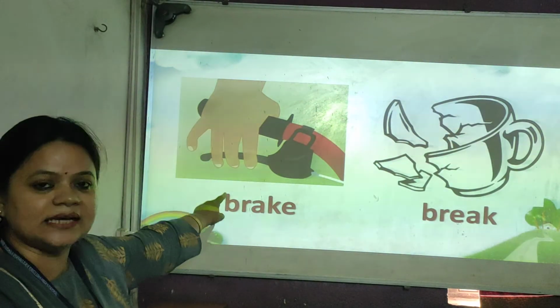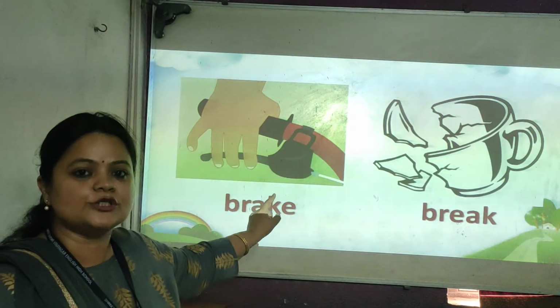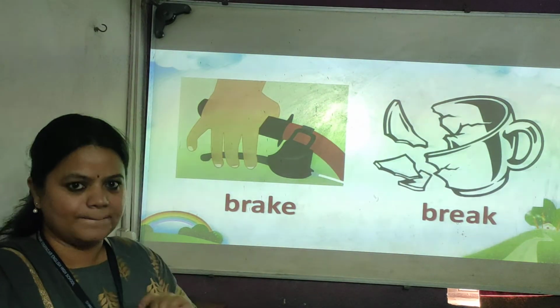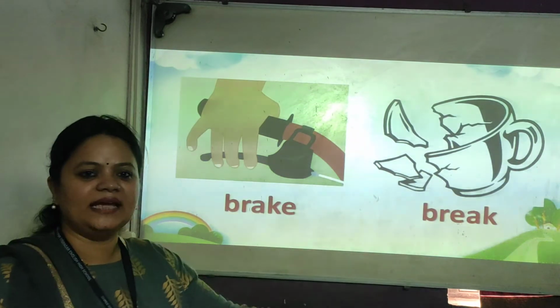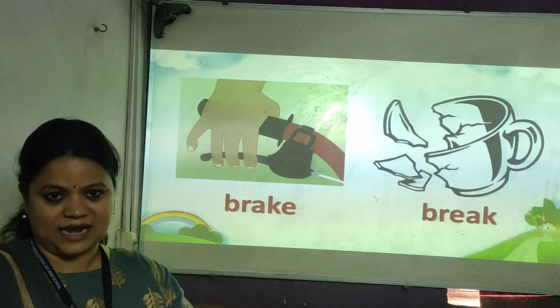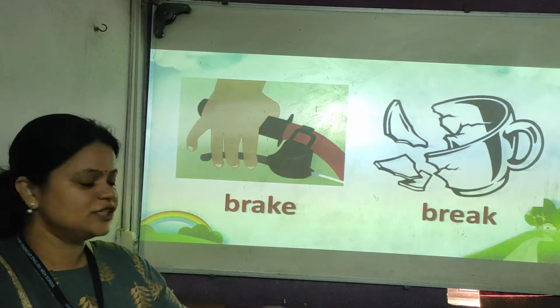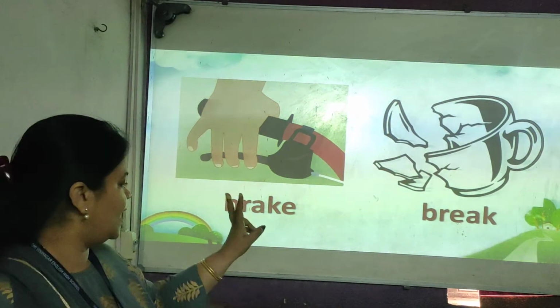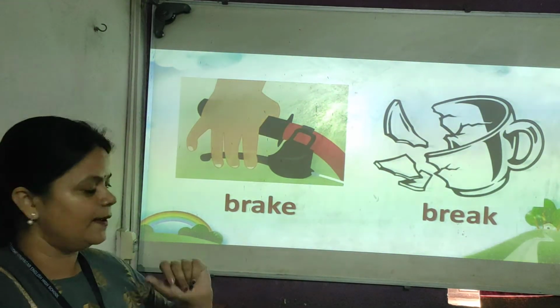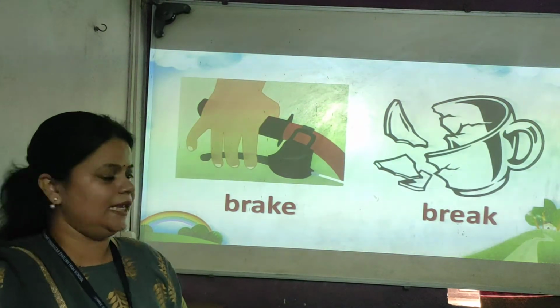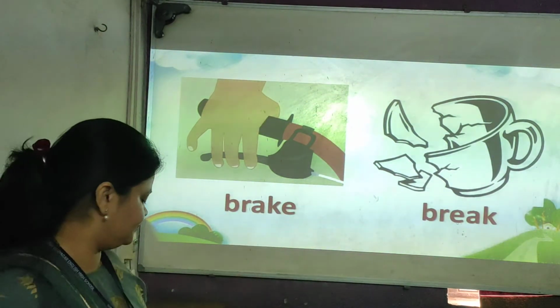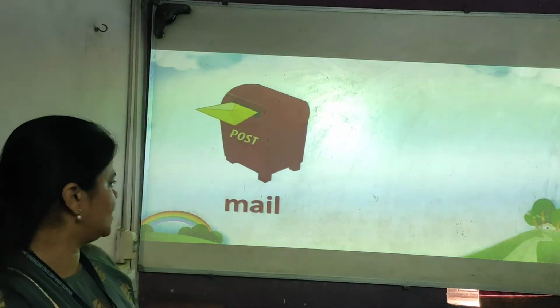This brake is a device. It is used to stop a car or a bike. And that break is to break something, to break a glass or cup. So the meanings are different and the spellings are also different. But when you read both the words, they sound the same. Break, brake.